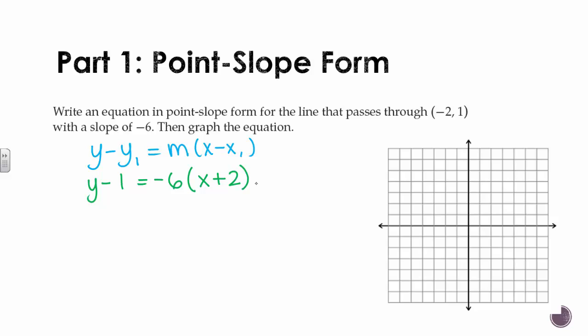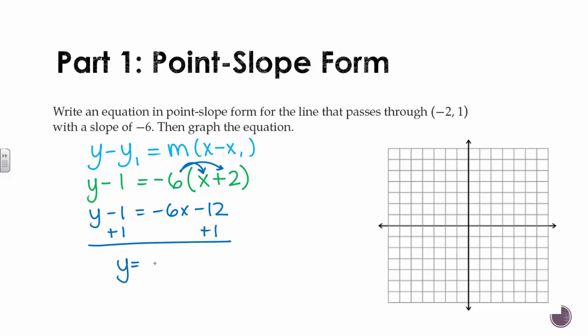Now this is the equation in point slope form, but if we need to graph it, let's put it into slope-intercept form. So in order to do that, we want to get rid of these parentheses. So we're going to distribute. So we get -6x minus 12, and then we'll add 1 to both sides. So we get y equals -6x minus 11.